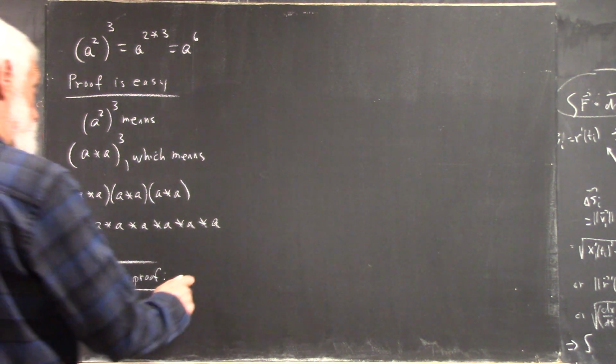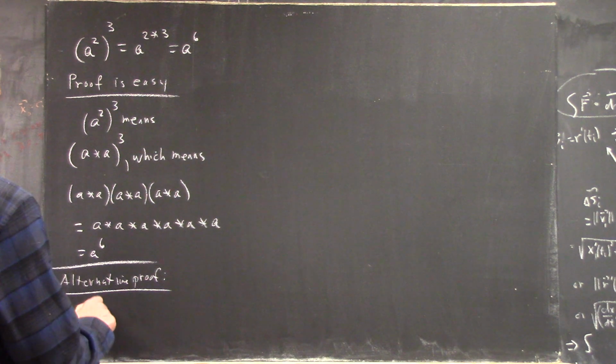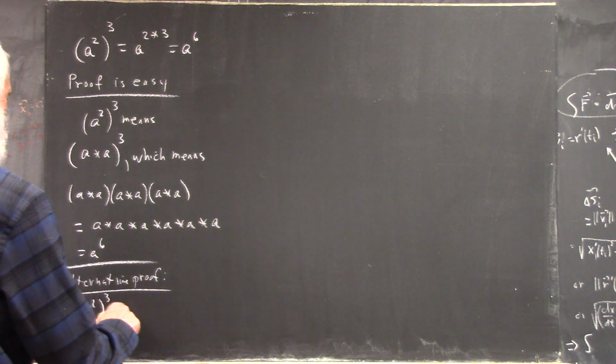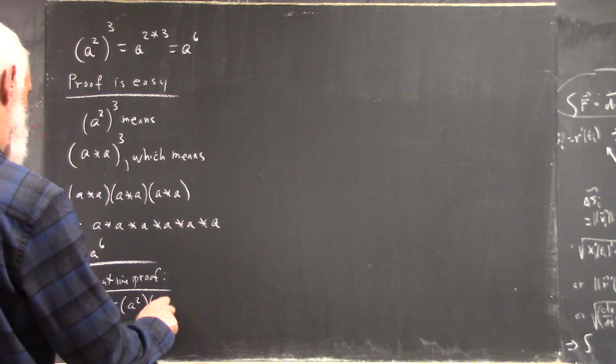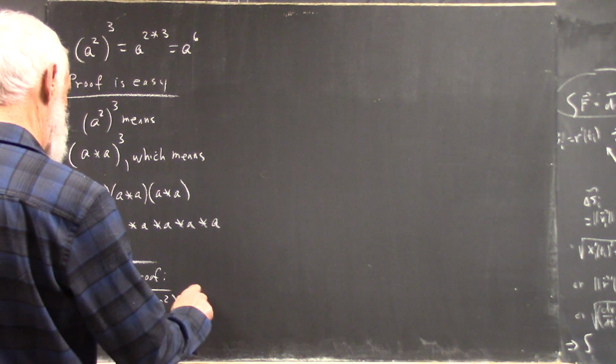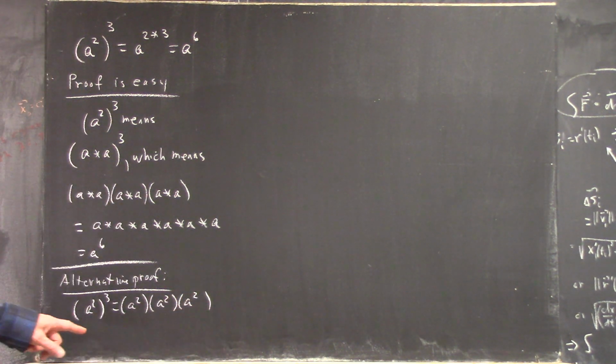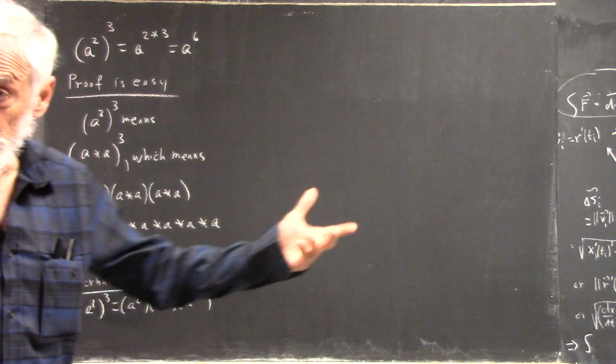Alternative proof? We could have equally easily said that a squared cubed is a squared times a squared times a squared.